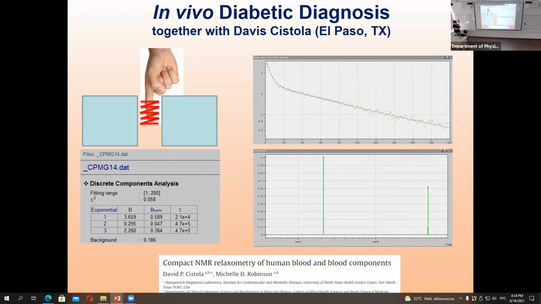Losha, is it okay? Is it clear? I think the question was about whether it measures the sugar levels in the blood. The composition is extremely complex. There are so many components in the blood, and especially in your finger.